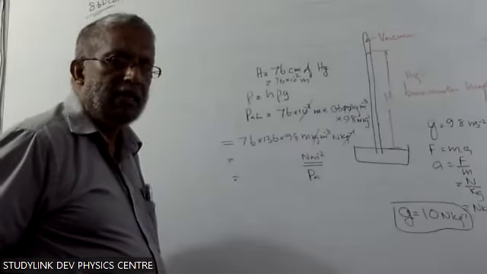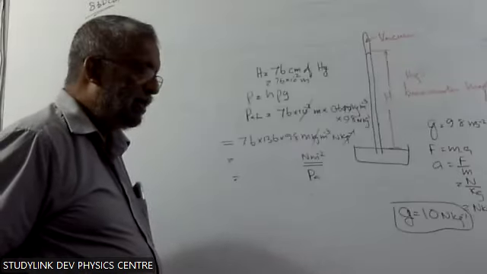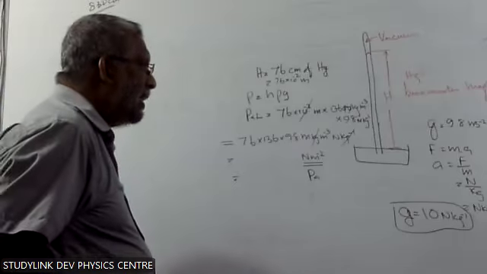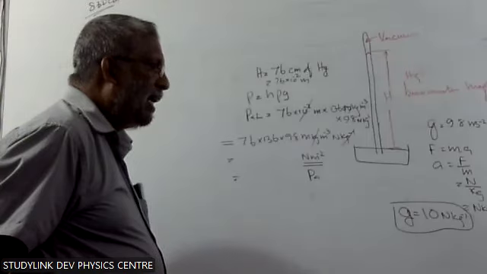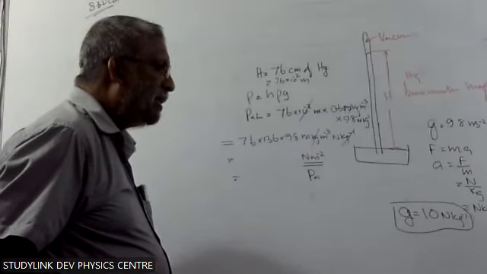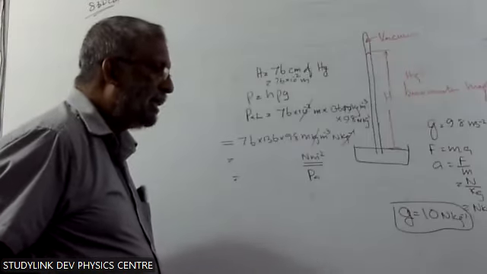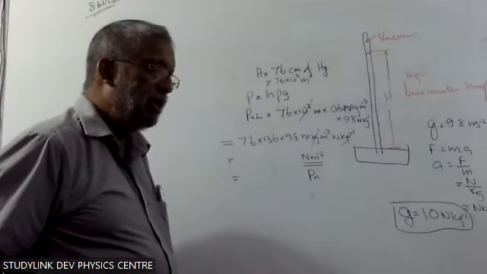Sometimes it is given as the height of the mercury barometer is 76 centimeters. Same story.